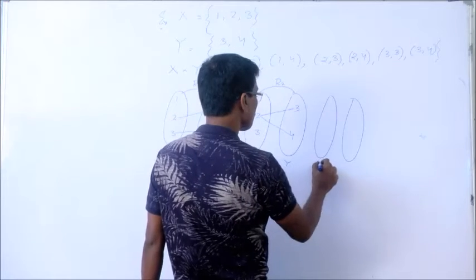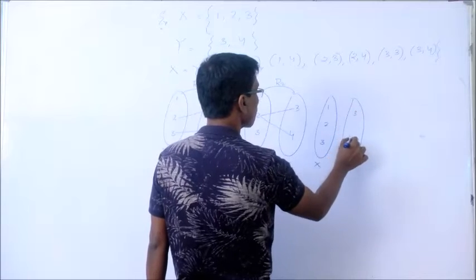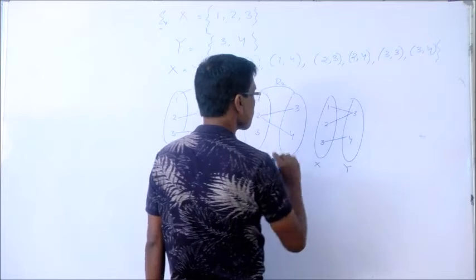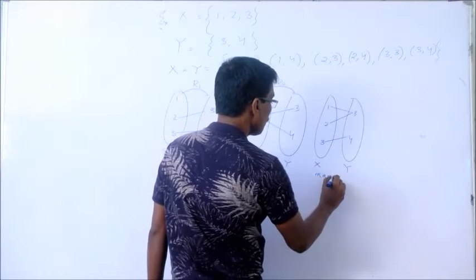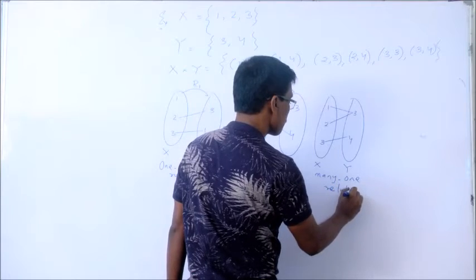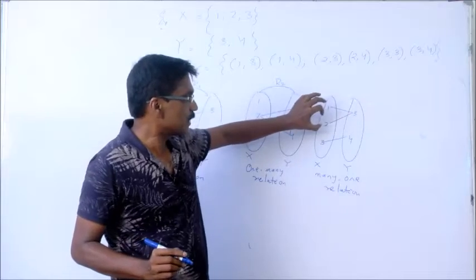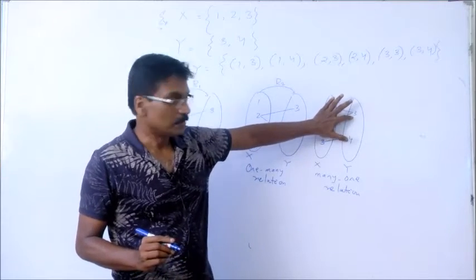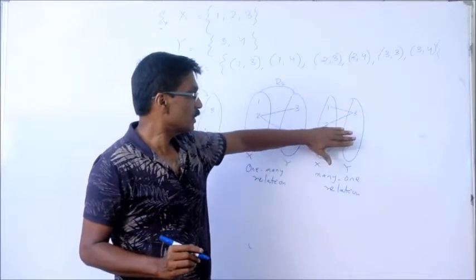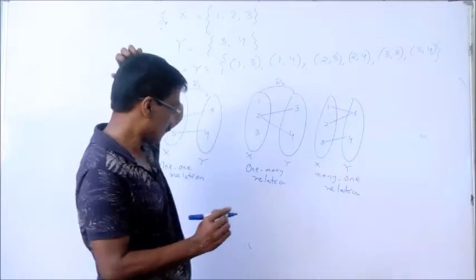Similarly, suppose X set, Y set, 1, 2, 3, 3, 4, with (1,3), (2,3), (3,1). This is called many-one relation. Here many elements are related to one element, it is called many-one relation.